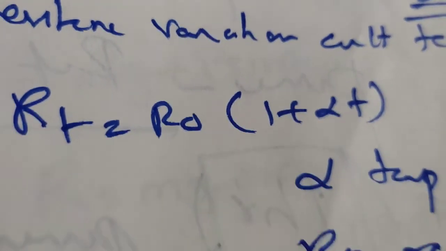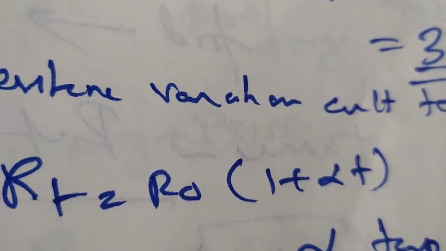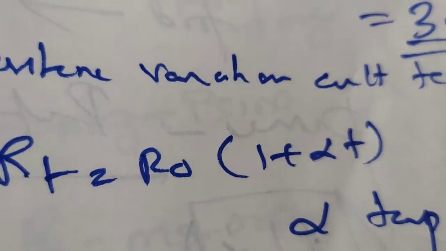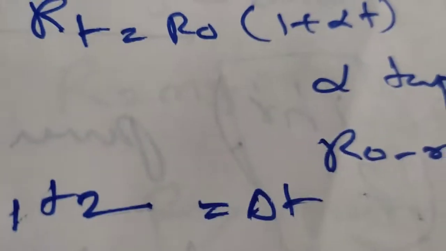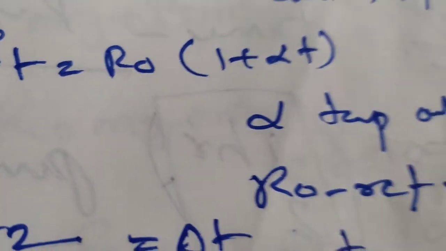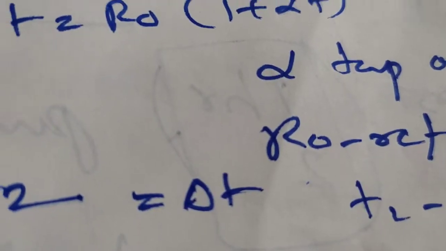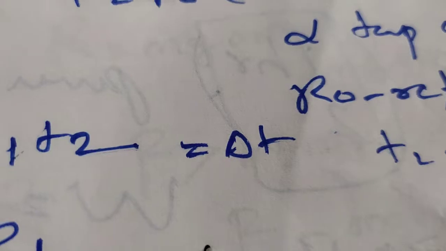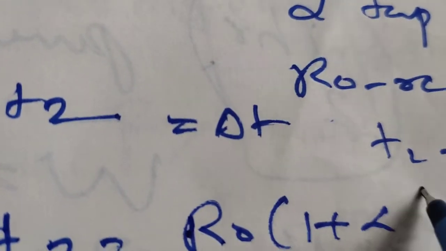So if we find the difference between two temperatures, T1 and T2, the difference is delta T, that is T2 minus T1. Then RT2 is equal to R0 into (1 plus alpha into delta T).